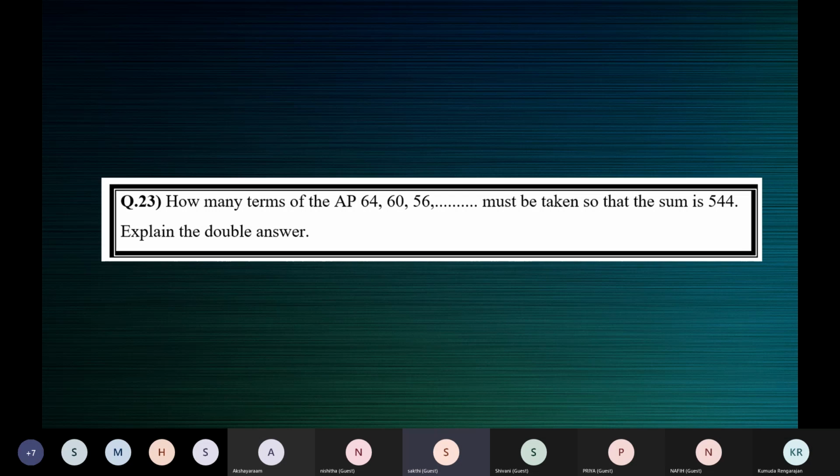N is equal to 17 or n is equal to 16. What is the quadratic equation you got? N square minus 33n plus 272 is equal to 0. Very good.